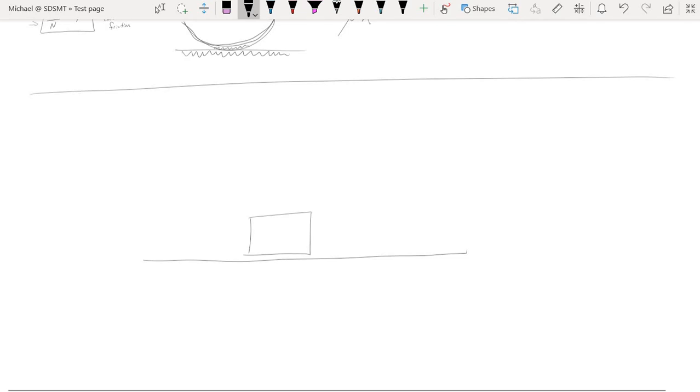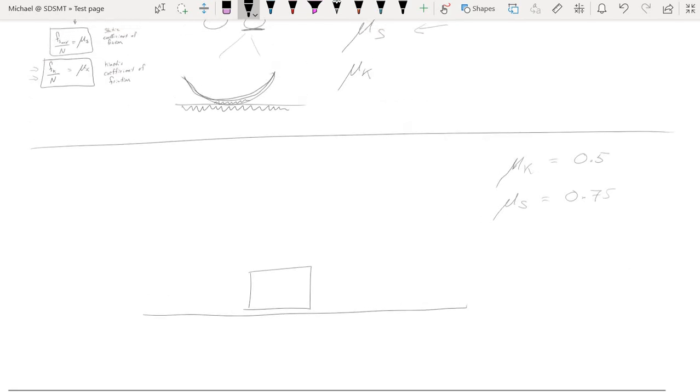So we have a block sitting on a flat horizontal surface, and someone has been nice enough to measure the coefficients of friction. We have a kinetic coefficient, which is equal to 0.5, and we have a static coefficient, which is equal to 0.75.